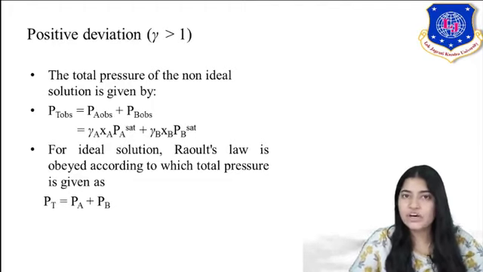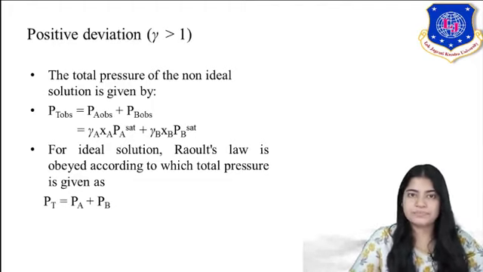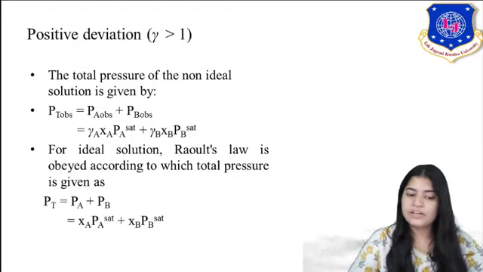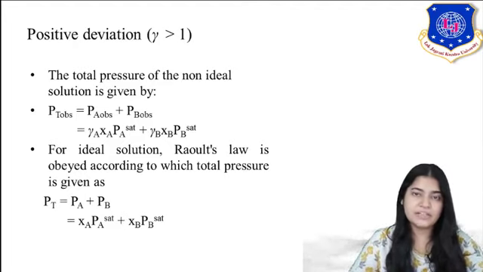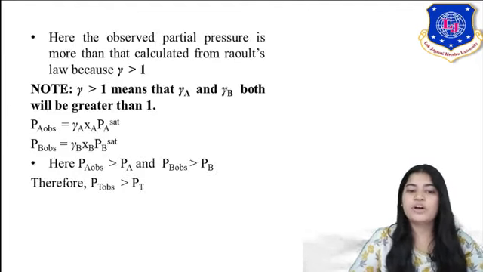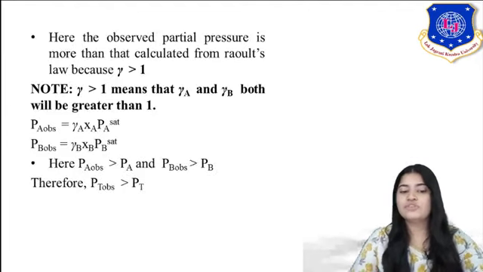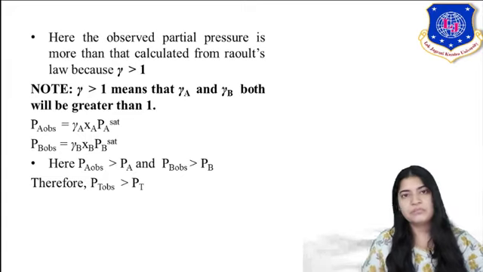Hence your PT observed will be greater. For Raoult's law I have XA PA sat plus XB PB sat. But in a non-ideal solution, gamma A and gamma B are my extra factor. Because gamma is more than 1, your PT observed will be more than PT.